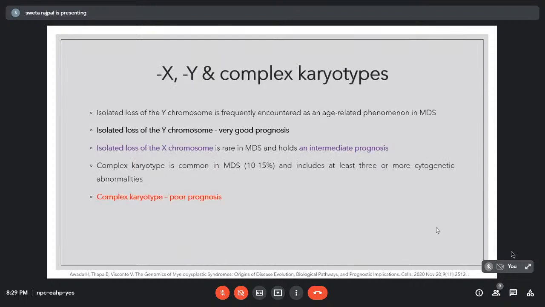Apart from that, there can be isolated loss of Y chromosome. If it is present, it has a very good prognosis. We can also have isolated loss of X chromosome, which has an intermediate prognosis. If you have a combination of more than 3 cytogenetic abnormalities, we term it a complex karyotype, which is very common in MDS, up to 10 to 15% of cases, and those patients have a poor prognosis.